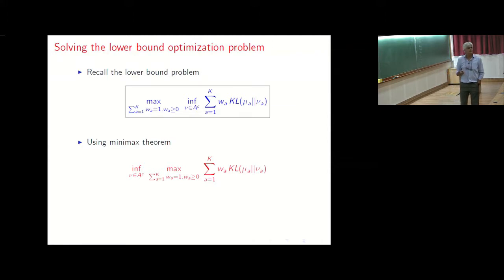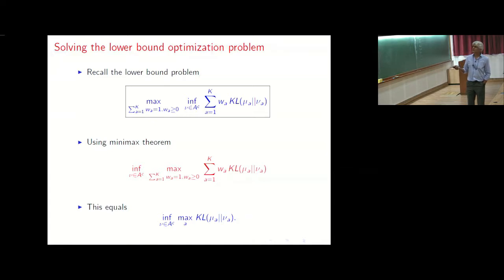So it has a very nice geometrical picture to it. In any case, I'll do this now: infimum over nu in A complement, of the maximum of this quantity here. And this is a linear function, so I just pick the maximum value, the arm A which maximizes this. So this is just a min-max problem as follows. Choose a nu in A complement set which minimizes the maximum, over all arms, of the Kullback-Leibler distance.